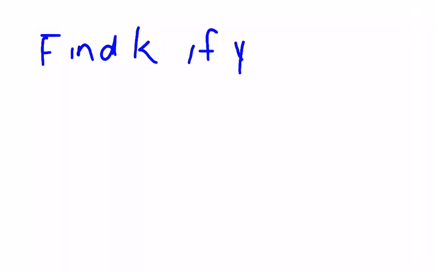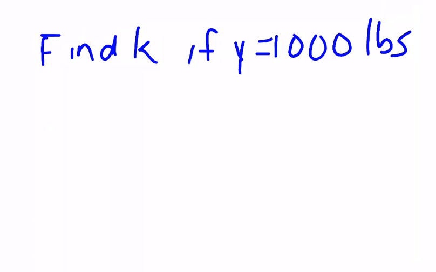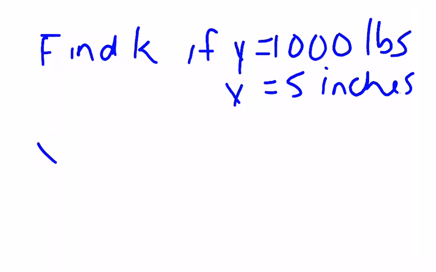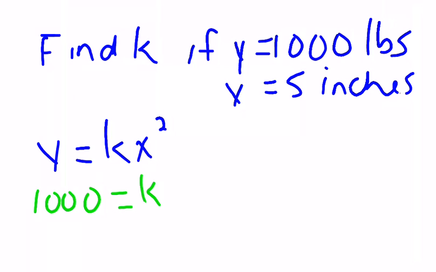So they may again say find k if y is 1,000 pounds and x is 5 inches. So we would have the y equals kx squared that they gave us, and now we plug in those numbers. So 1,000 equals k times 5 squared.